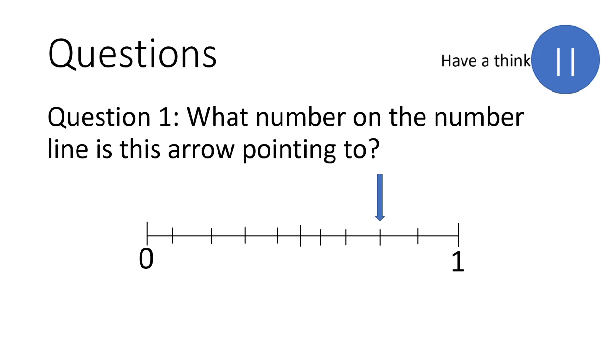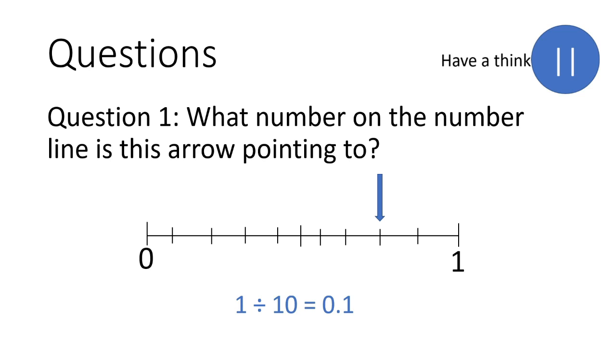Alright, let's go through this question. Hopefully you remembered from the example question that it's the difference between the start and last numbers divided by how many intervals. Hopefully you noticed that the difference was 1 and the number of intervals was 10. So 1 divided by 10 equals 0.1.